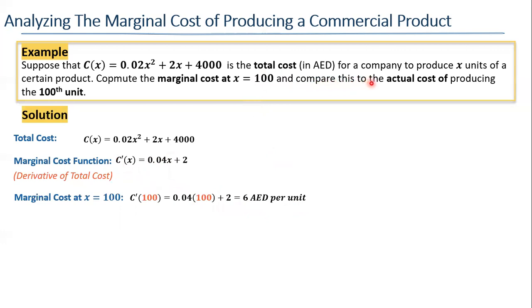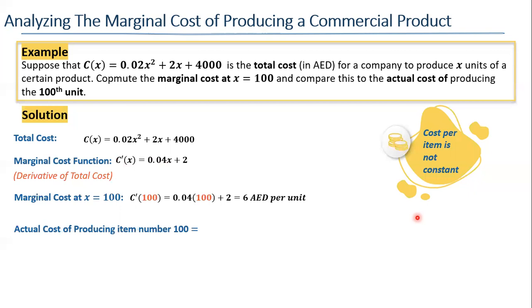Compare this to the actual cost of the hundredth unit. How can we find it? Cost per item is not constant. Actual cost of producing item number 100 is C of 100 minus C of 99. Why?